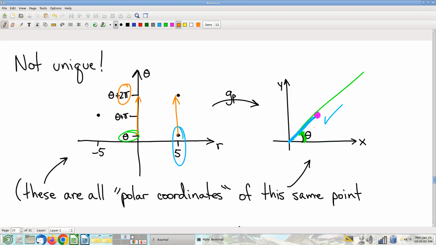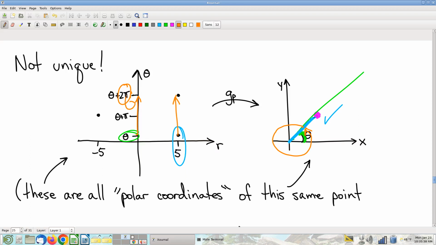Well, instead of going that direction, I would be going exactly the same direction. So adding 2 pi to the angle, as far as the xy plane is concerned, does not change the direction that we're going. So you could say 5 comma theta, but you could also say 5 comma theta plus 2 pi. Everybody see the problem there? Uniqueness just is not going to happen.